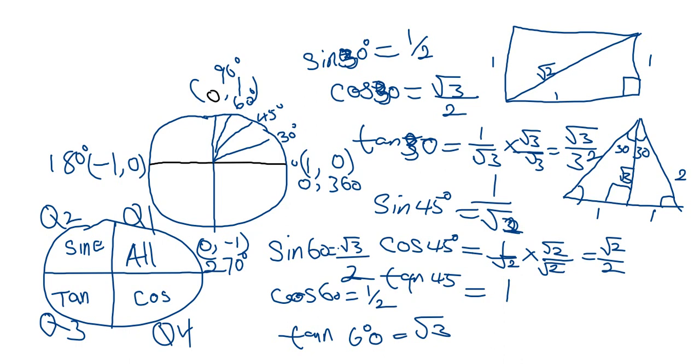Okay. There's something I also want you to know about the unit circle. If you have any angle that is given to you in this unit circle, you can find it. That means any angle that you are asked to look for. Oh, this line is not straight.